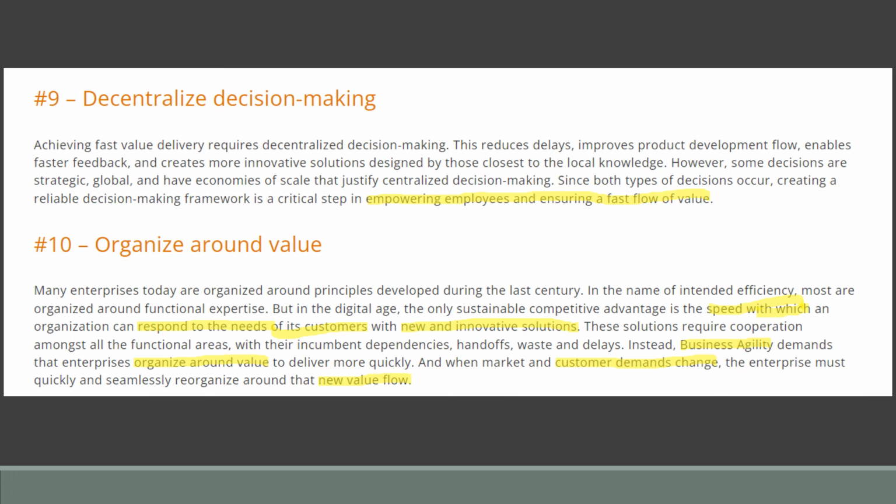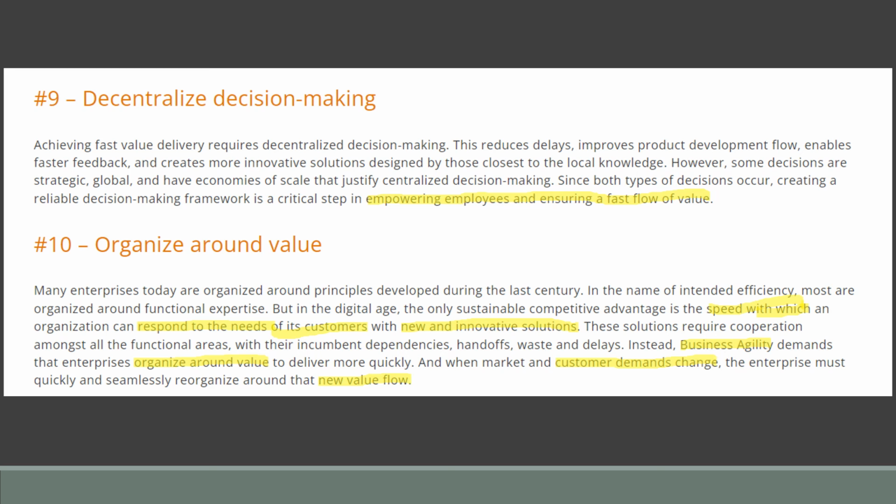Other areas need to be decentralized. Reduce the time, quickly brainstorm locally, then take a decision locally and move on. That's very important.